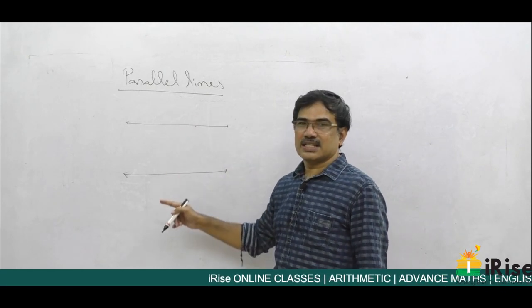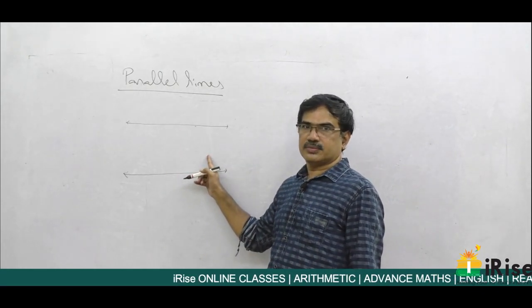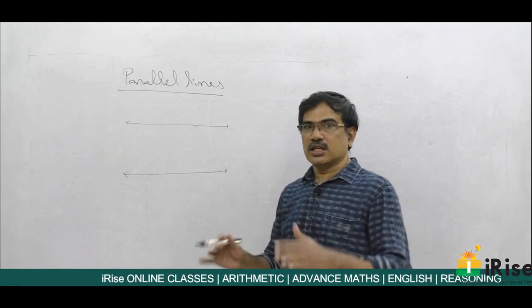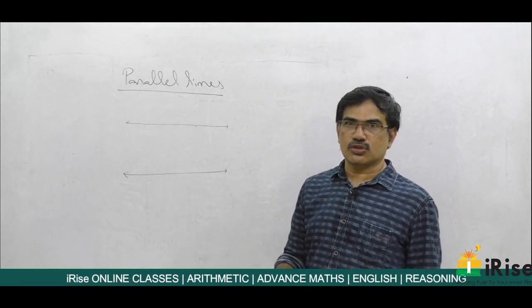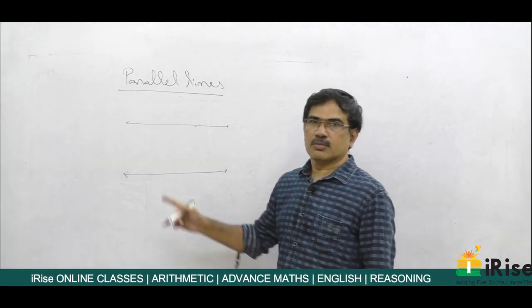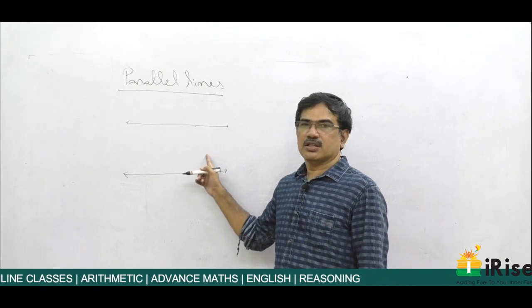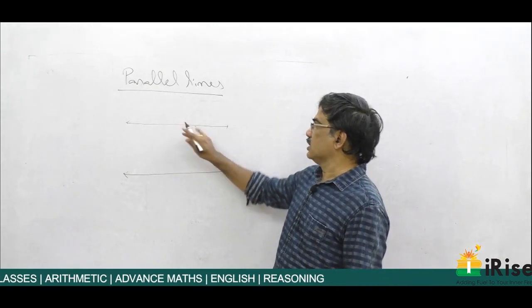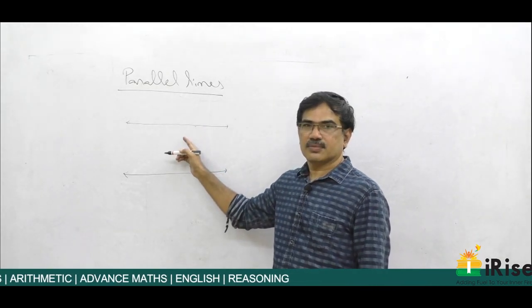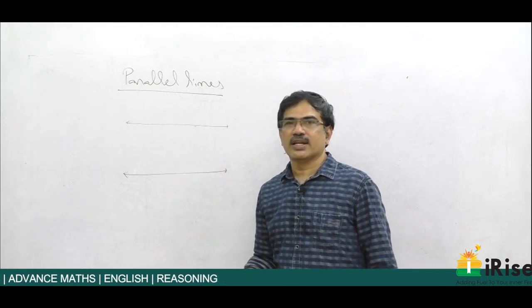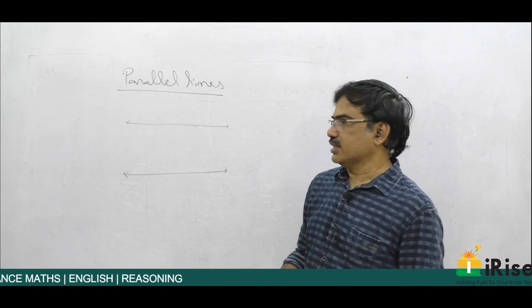They do not intersect each other. Actually, in three-dimensional geometry, there are some lines which are neither parallel nor intersecting also. But this is two-dimensional plane geometry, that's why I want to give this definition. If two lines have no common point, they are called parallel lines.